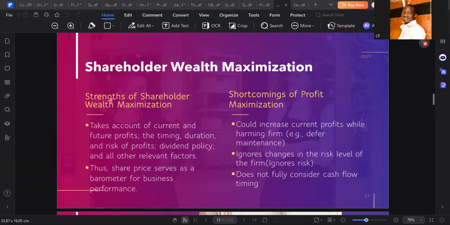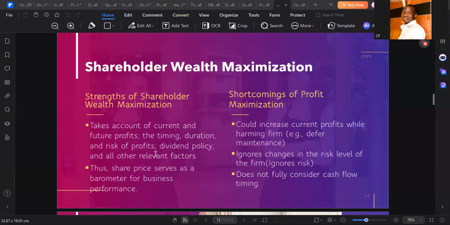The strength of shareholder wealth maximization is that it takes into account current and future profits, the timings, the duration, the risks, the dividend policy, and all other relevant factors. As a shareholder, you would want to be privy to such information because you are investing in this organization.